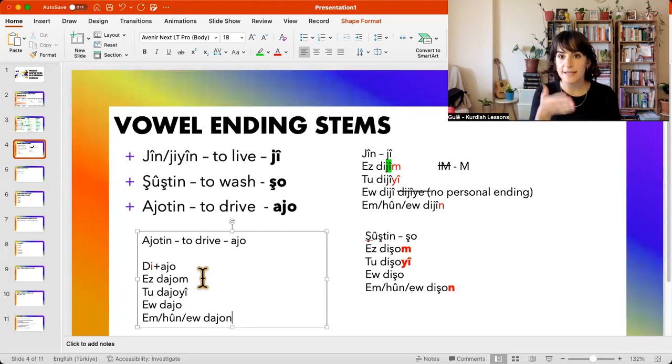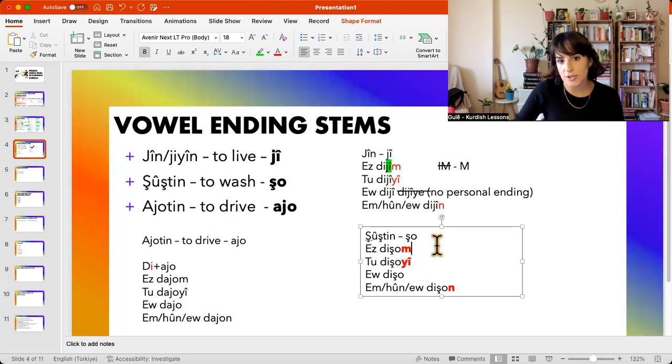Now let's have a look at the negative form of these kinds of stems. So shushten, for example, again, same rule, you drop the d and you say nashom. As nashom, tu nashoyi, au nasho, hun au nashon.